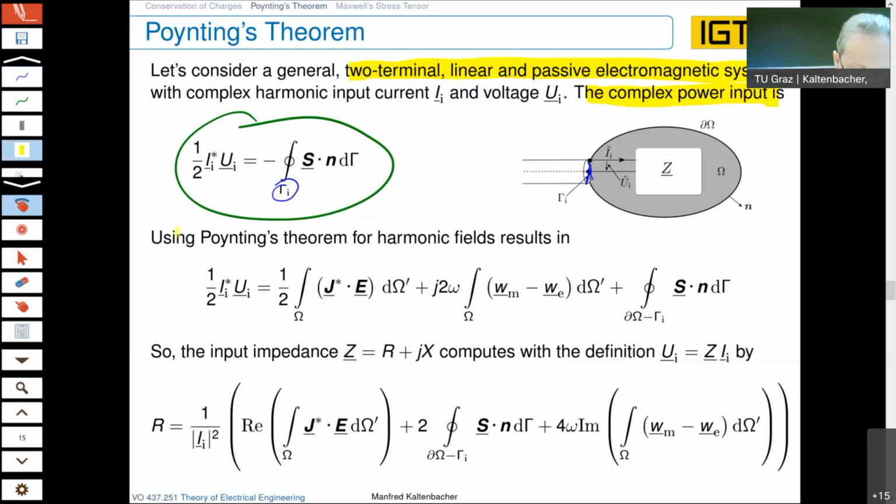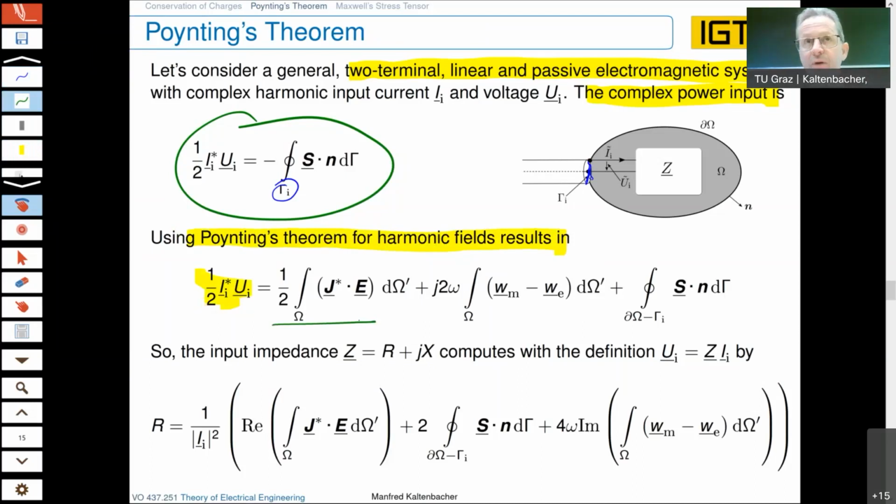Now, let's apply the Poynting theorem to this example here. We know that this input power is balanced by any losses we have in our circuit. You have ohmic losses, which are this part.